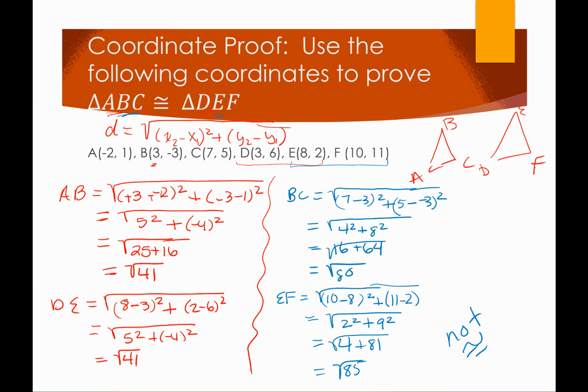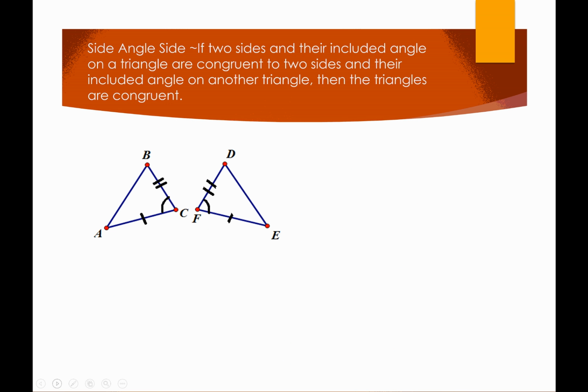All right, so these are not congruent. So we were not able to prove that those are congruent. All right, so let's go ahead and move on. So that's nice. We didn't have to go through the whole thing because all three sides would need to be congruent.